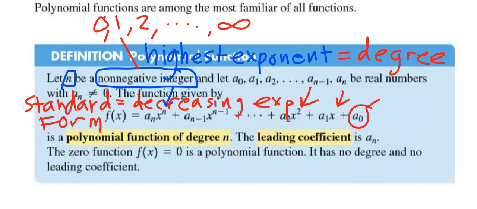This right here would be called your constant term. It's something like 5 or 17 or negative 3. This term right here is not a constant term. What is it called? Something that has degree 1 has a cool name.